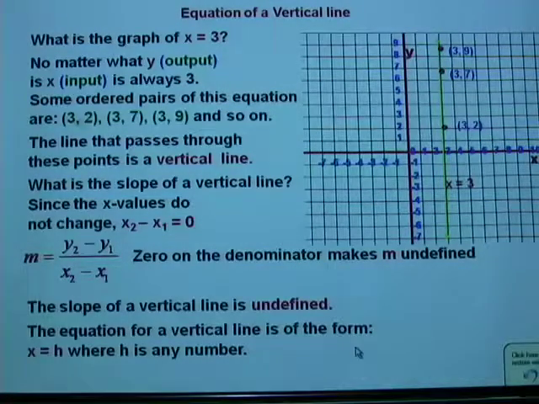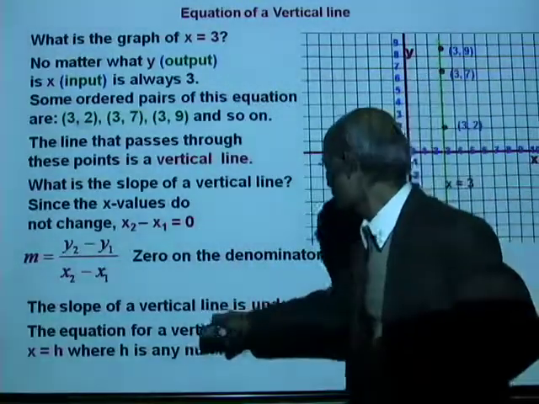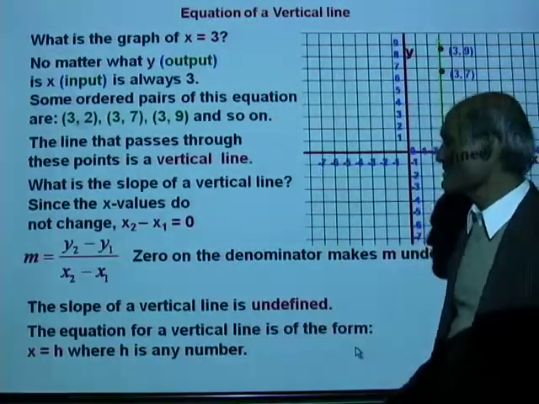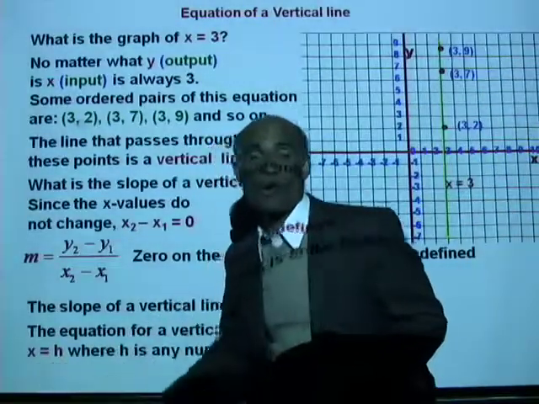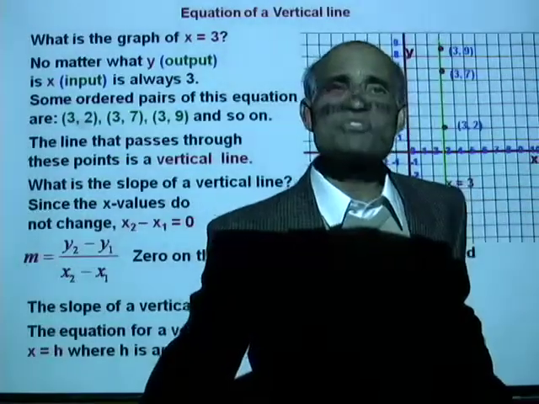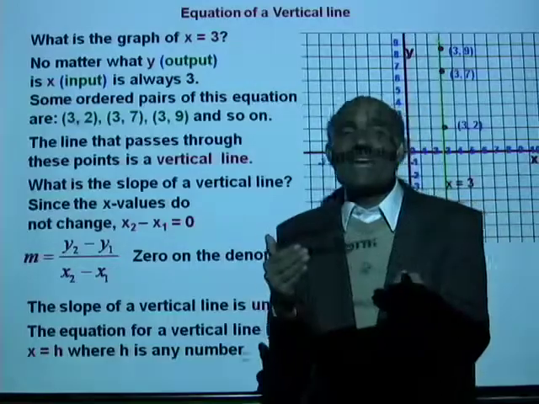Okay, let's now look at this. The slope of a vertical line is undefined, and the equation of a vertical line is of the form x equal to h. Now, you see how I bring the k and the h in here?